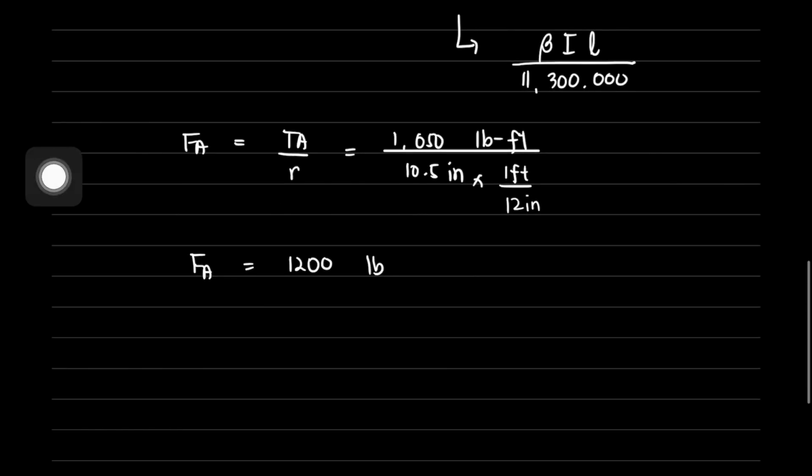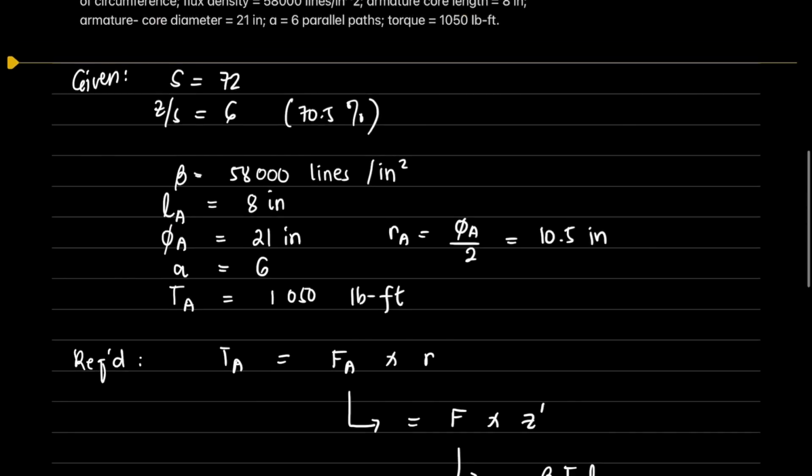Now, we are going to use this force exerted by the armature to solve for the force in each conductor. The force in each conductor would now be equal to FA, or force exerted by the armature, divided by the total number of conductors directly under each pole face. The number of conductors can be solved with the given number of slots and the number of conductors in each slot.